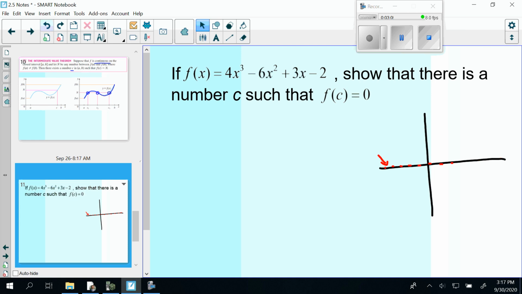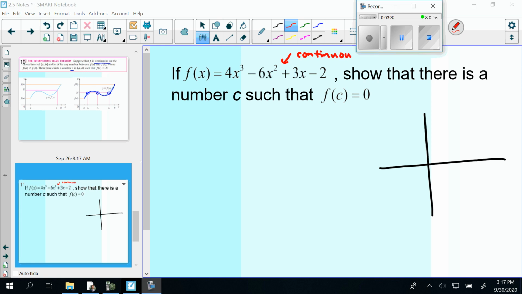To show that, we have to figure out, can we show that there's a point somewhere below down here and a point somewhere above up here? If we do that, then we can establish that it has to go through the value in between, because this function right here is continuous. We talked about polynomials are always continuous, and this is a polynomial here.